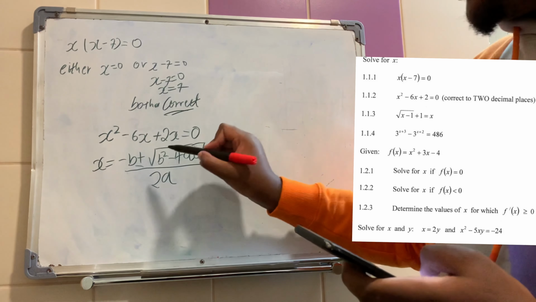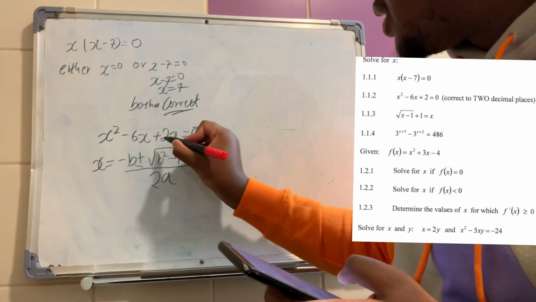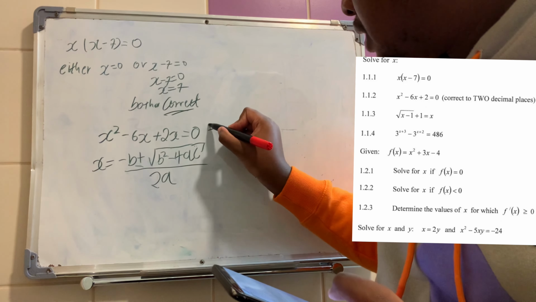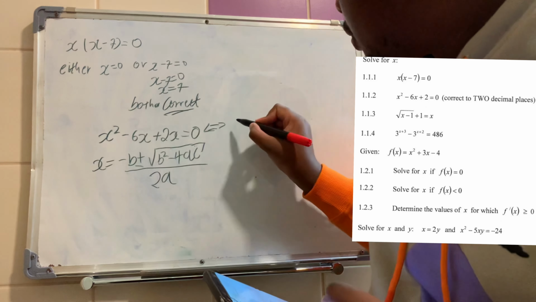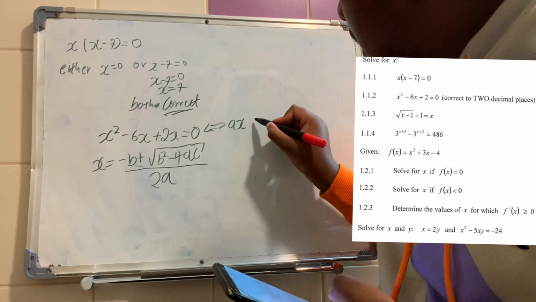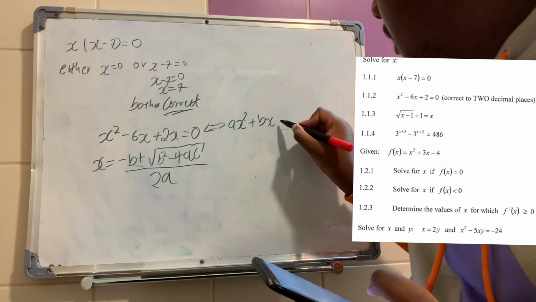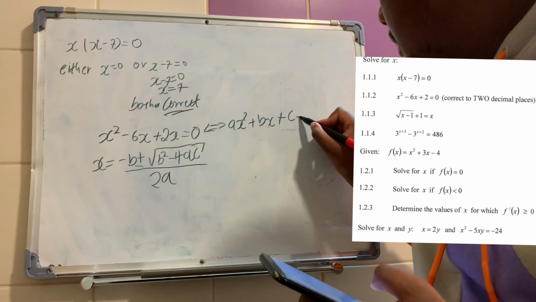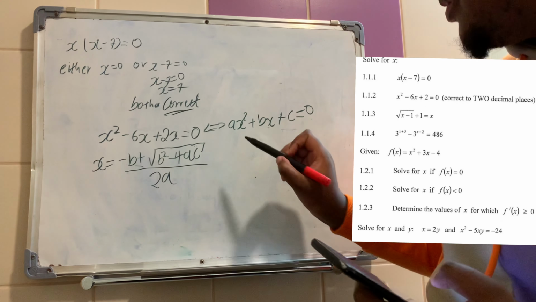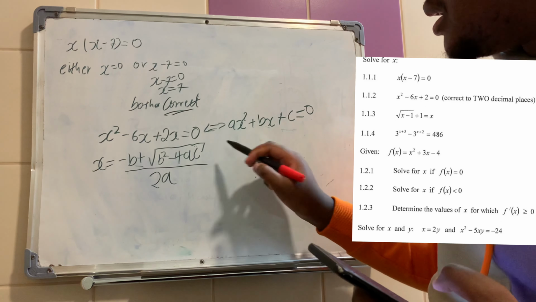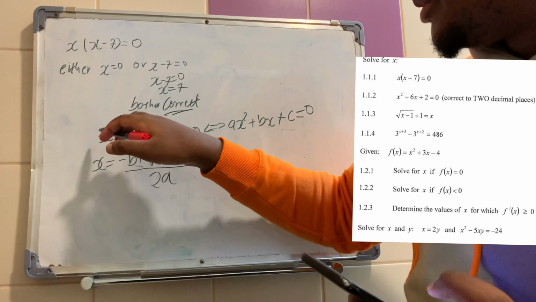You use the quadratic formula for an equation of the form ax squared plus bx plus c is equal to 0. The letters a, b, and c determine the coefficients.